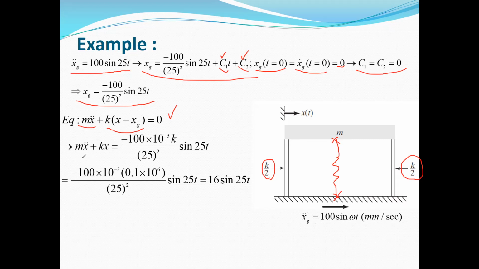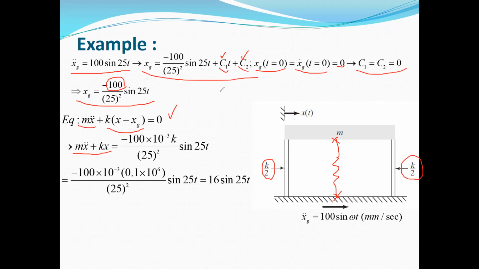By simplifying this equation, we can extract the non-homogeneous form of the equation of motion in terms of x. We will have m x double dot plus kx, which is equal to this term, and this is k times xg, in fact. Here, this is 100 millimeter. We should convert it into meters, so it should be multiplied by 10 to the power of minus 3, or divided by 1000.